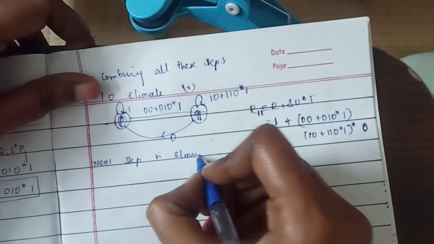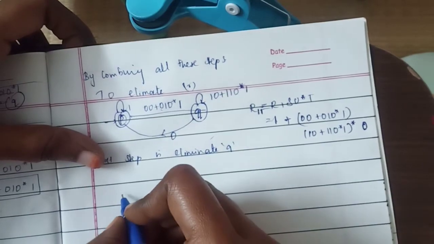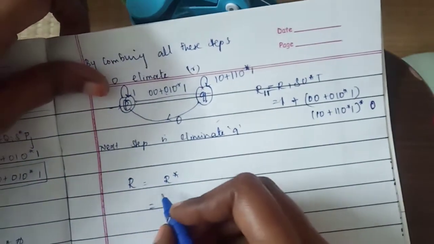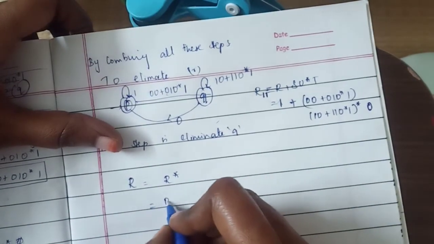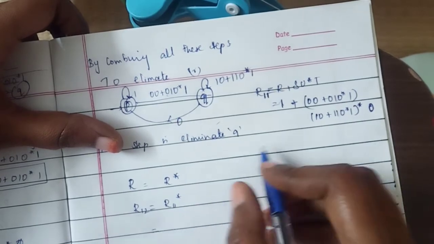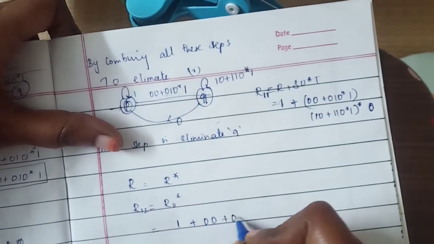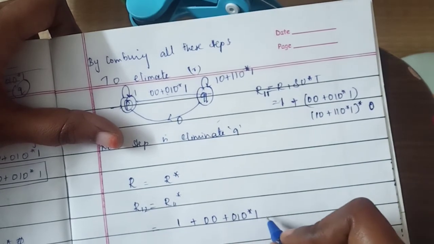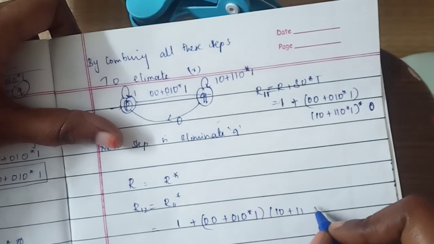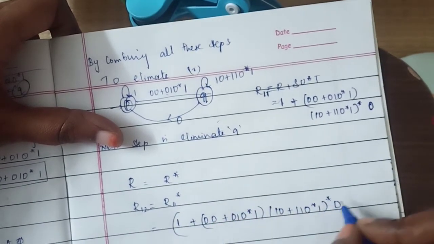And the next step is to eliminate Q also, right? So eliminate Q. So when you eliminate it, the formula will be R closure. So what is my R now? So R will be my R11. So R11 closure. So this is R12, which is R11, 1 plus 0 0 plus 0 1 0 closure 1, and 1 0 plus 1 1 0 closure 1, closure 0, and the whole closure.